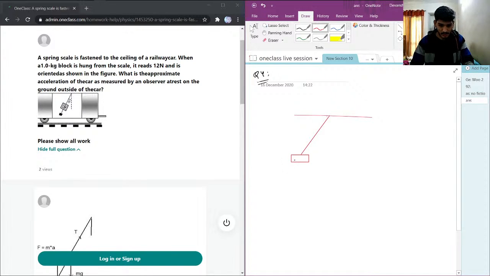This is 1 kg, and let's say we have this balance here. It is reading 12. Now we have a tension.